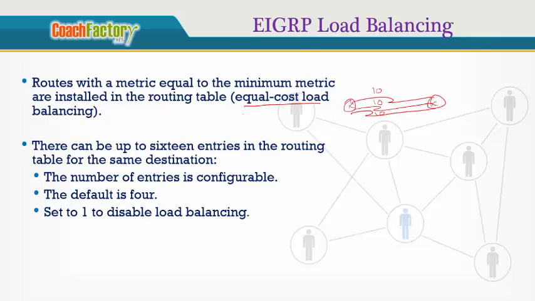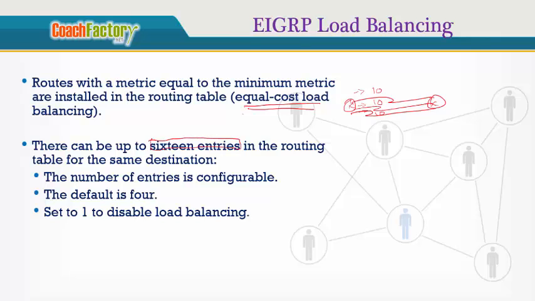It is going to use all these three links as the best path, and it is going to share the load between these multiple connections which have the same metric. So that is called equal cost load balancing.